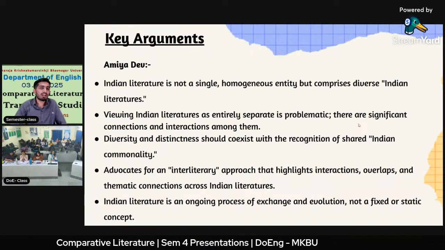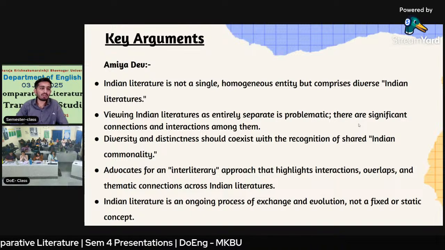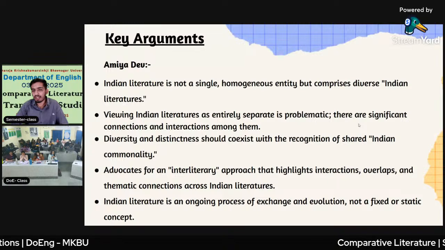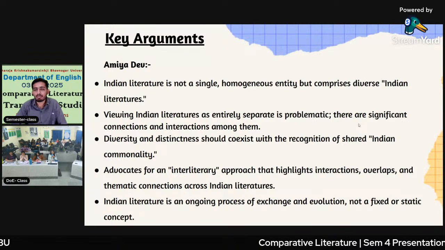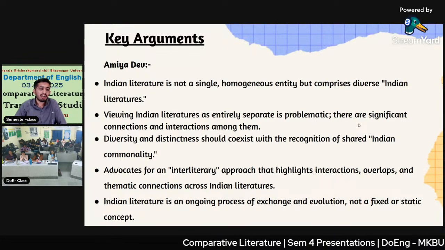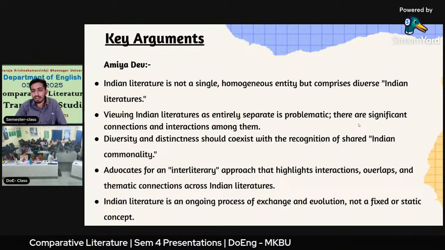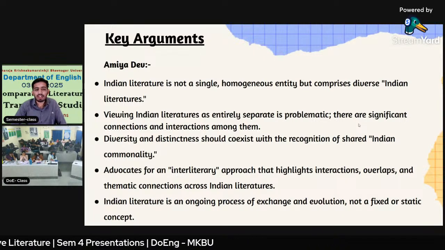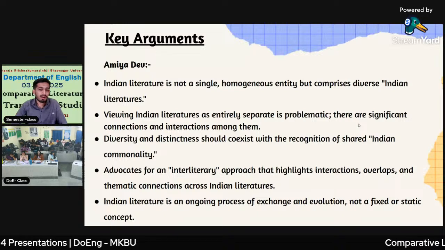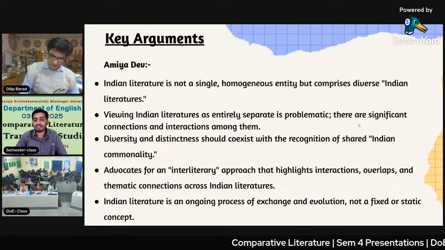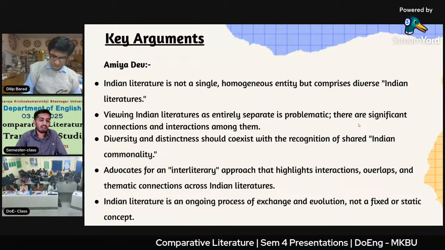Key arguments. Dev's arguments are that Indian literature is not a single homogeneous entity, but comprises diverse Indian literatures, and viewing Indian literatures as entirely separate is problematic. There are significant connections and interconnections among them. Diversity and distinctiveness should coexist with the recognition of shared Indian commonality.